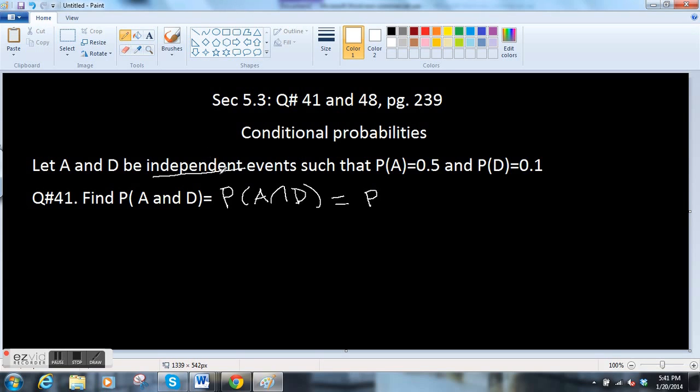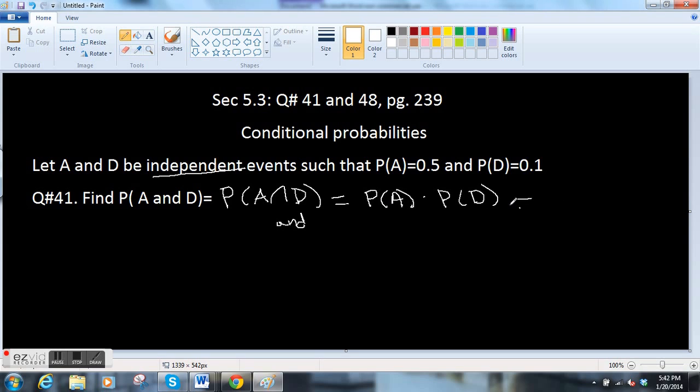So if the events are independent, we know that probability of A and D is the probability of A times the probability of D. So again, because they're independent events, we can use the multiplication rule.